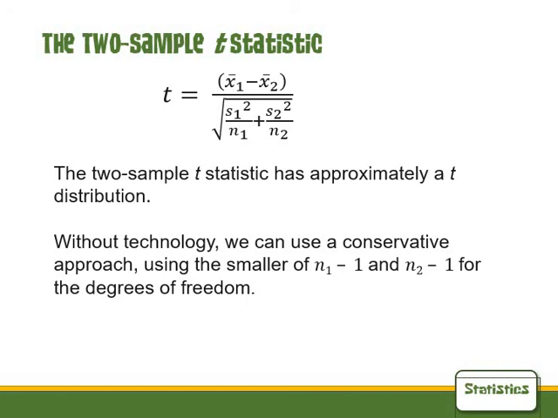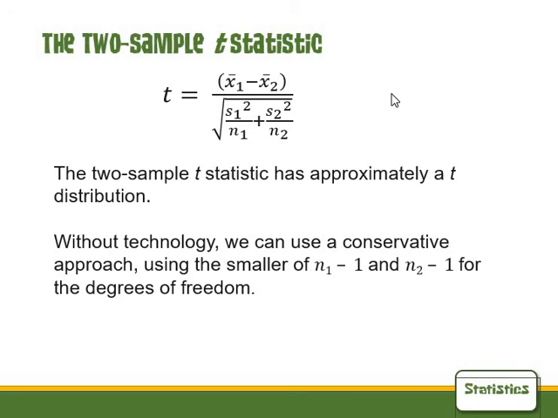In all cases when we do this, our null hypothesis is going to be that mu1 equals mu2, or mu1 minus mu2 equals 0. So on top, we have our statistic x bar 1 minus x bar 2 minus 0, so we don't have anything else on top. It's really just an implied minus 0 here. And then it's divided by the way we're measuring the standard deviation for our statistic, which is this big square root with the combination of the standard deviations and the sample sizes. So that's the two-sample t statistic.